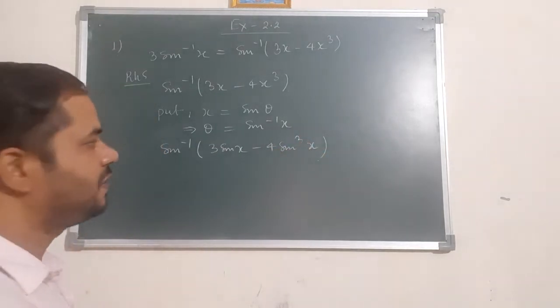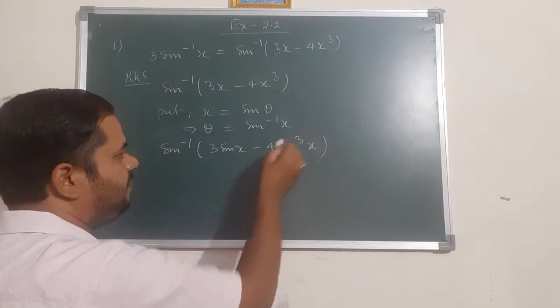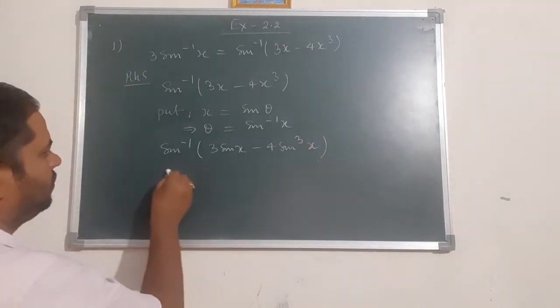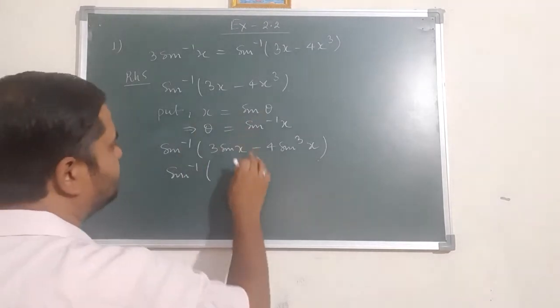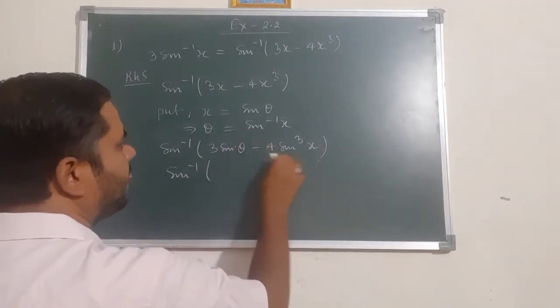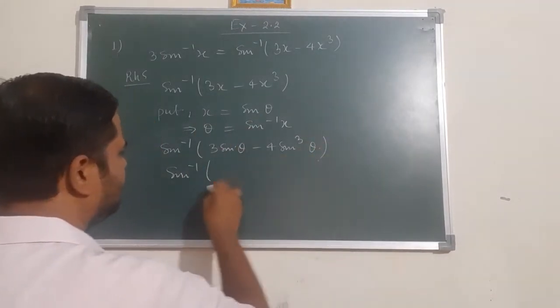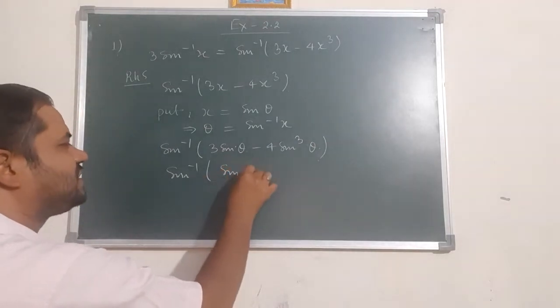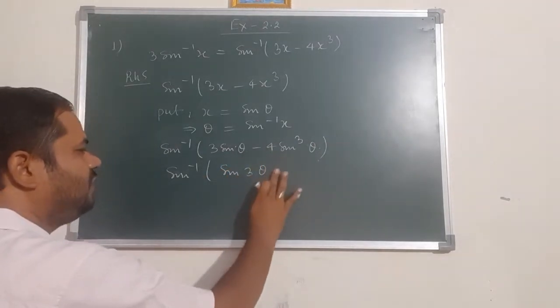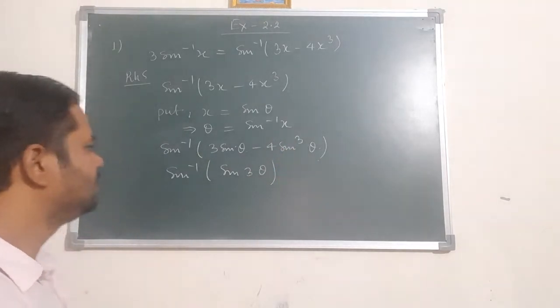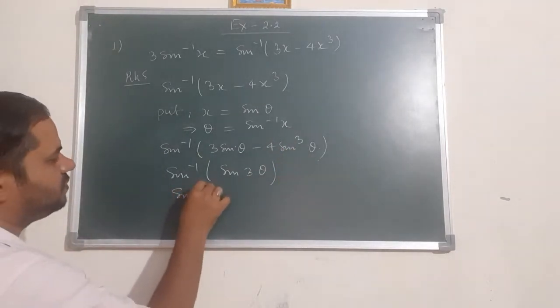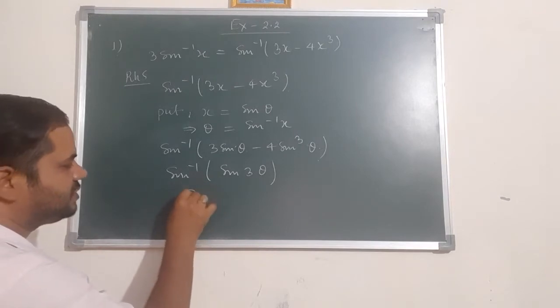Okay, and we have now sine inverse of, x is equal to sine theta, 3 sine theta minus 4 sine cube theta. So sine inverse sine of 3 theta. This is the formula for sine 3 theta. You know very well. So sine inverse of sine 3 theta, this is 3 theta only.